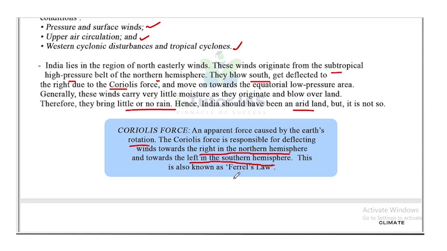This is also known as Ferrel's law. This is the northern hemisphere, and this is the southern hemisphere.